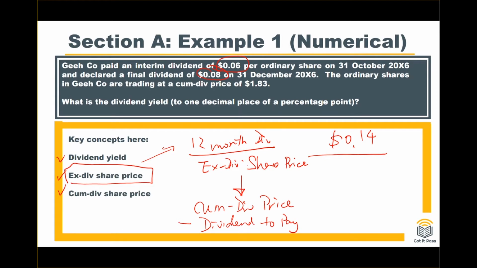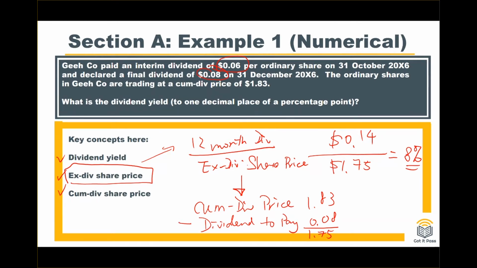So in this question, 1.83 minus 8 cents, so it comes to 1.75. Then you divide 14 cents by 1.75, and you get 8%.